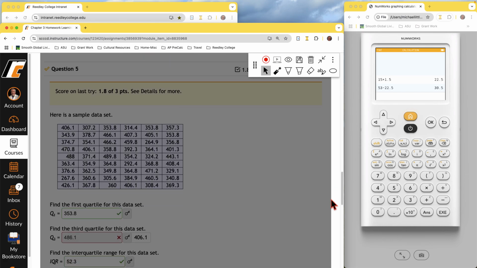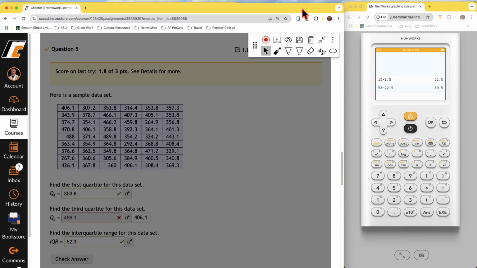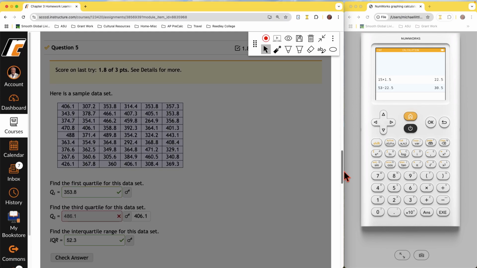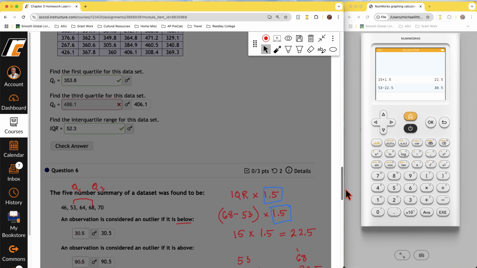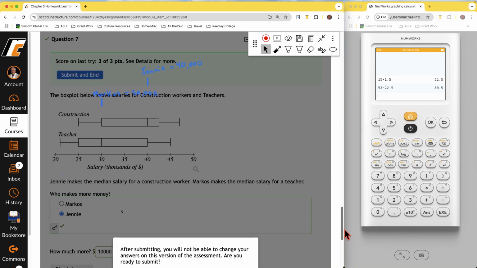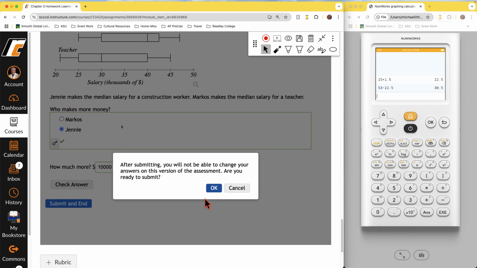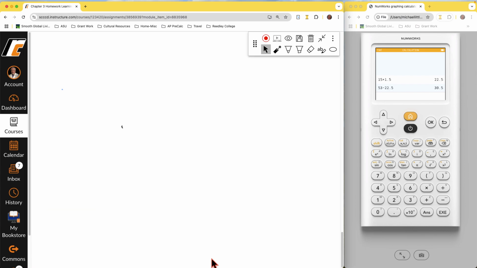Not much I can do here, but notice it's a few points for that one. All that was about was I should have taken the time to make sure I could read the numbers that were in the calculator. Okay, you can't change them after you submit. Well, that's too bad. So it's there, and what that does is it puts the score into the grade book as well.